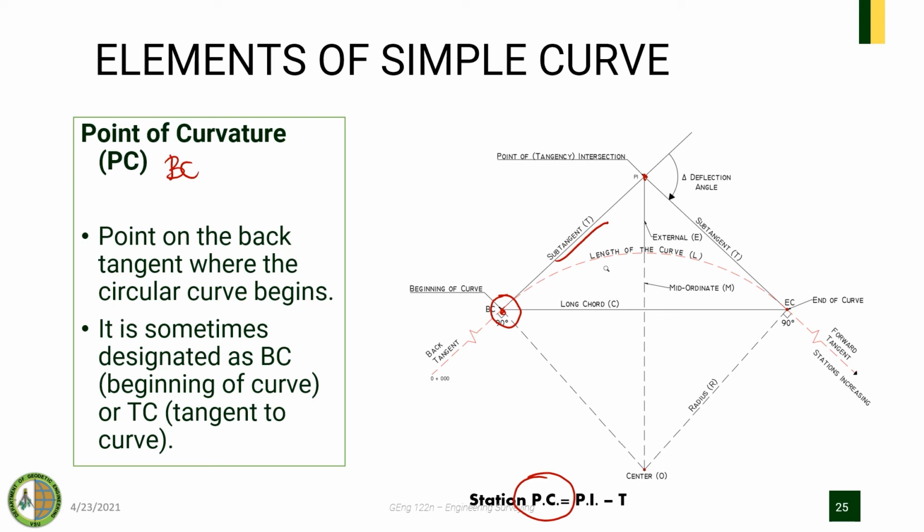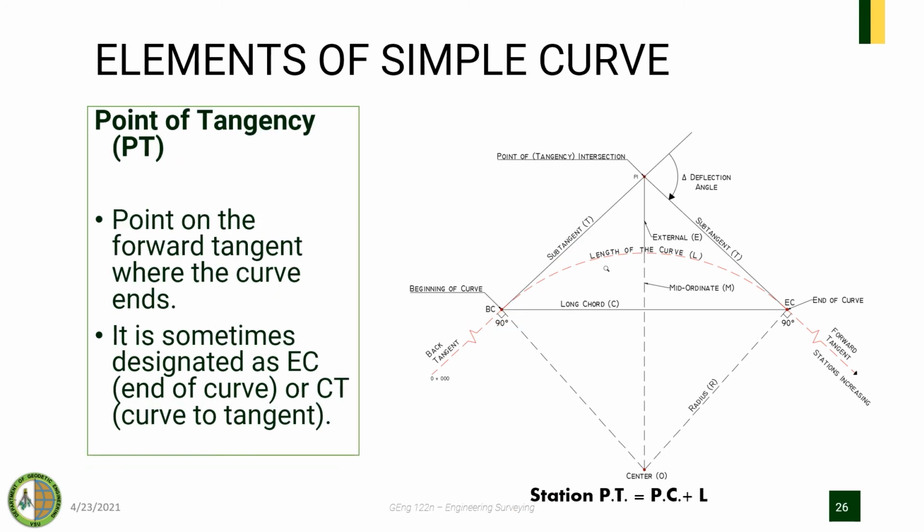Then we have the point of tangency, which can be found at the end of your curve. This is the point on the forward tangent where the curve ends, and is also denoted as EC or end of curve.